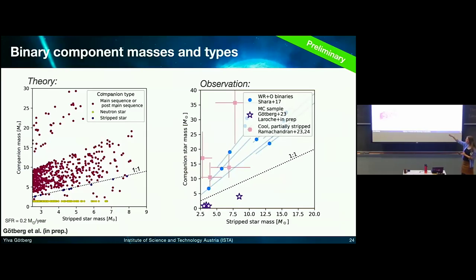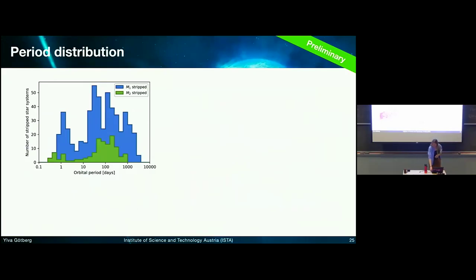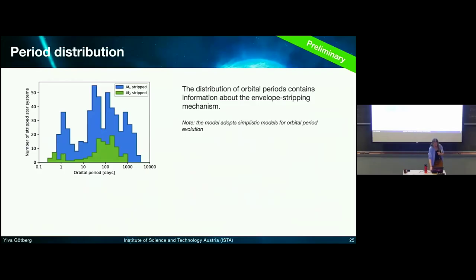I have some period distribution to finish with. This is a period distribution, and it is only for the explodable strip stars. And there's a structure. The structure comes from the way we have treated the envelope stripping.